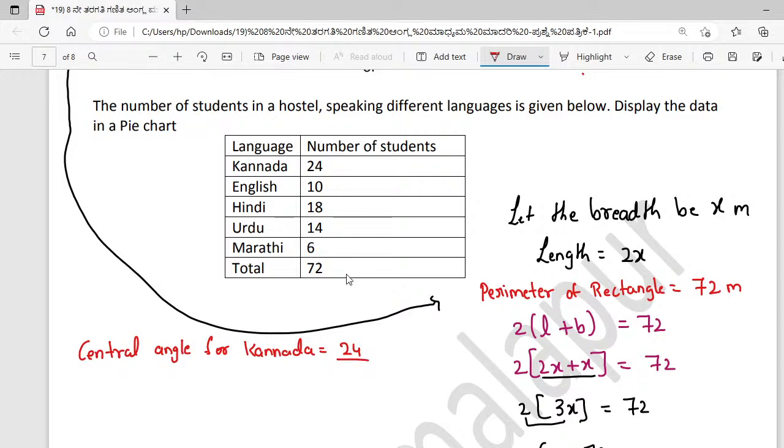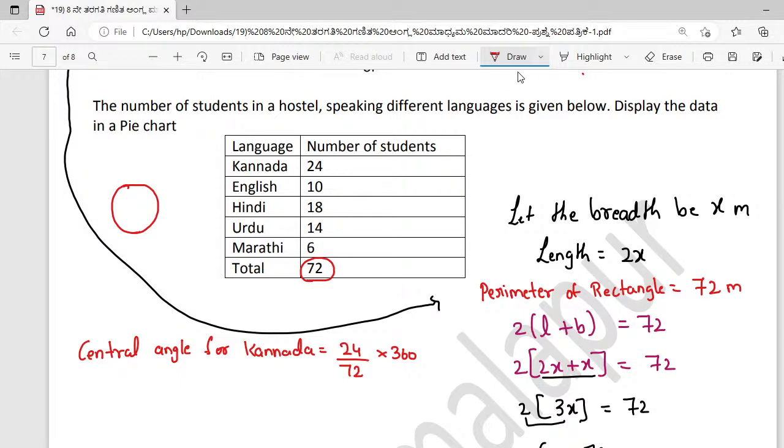What's the total number of students? You can see they gave 72. So 72 into, we need to multiply by 360 degrees, because the pie chart is circular in shape and the total angle of a circular figure is 360 degrees. So we're going to multiply by 360.